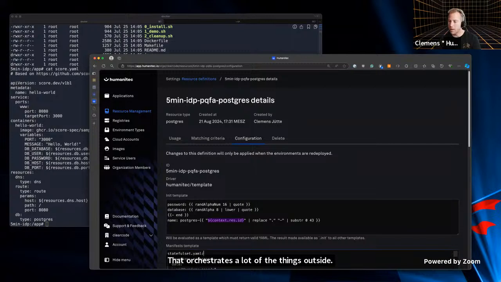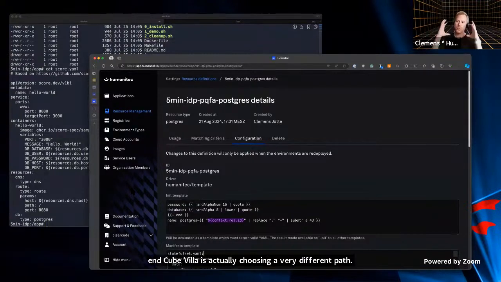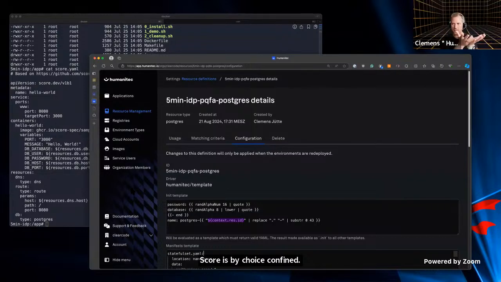Okay. The logic between Score and what is created as resource reminds me strongly of the logic of KubeVela. Haha, that is not a very wrong statement, Artem. But in the end, KubeVela is actually choosing a very different path. Score is by choice confined to one workload, so the service the developer is currently working on, and you define exactly what you need for that.